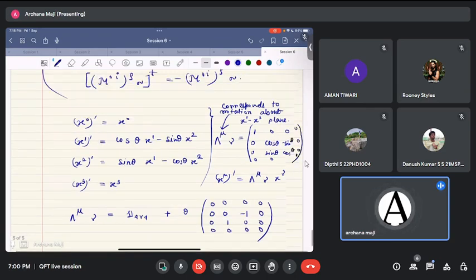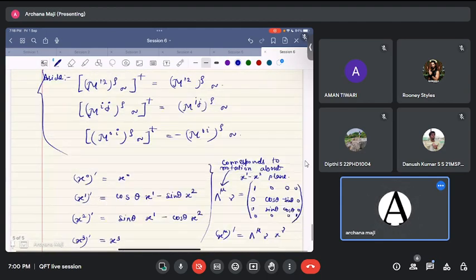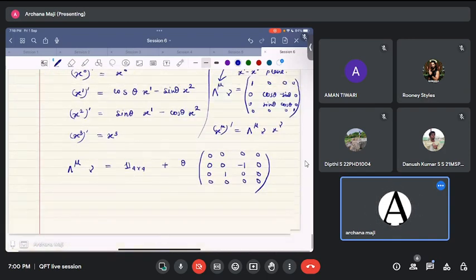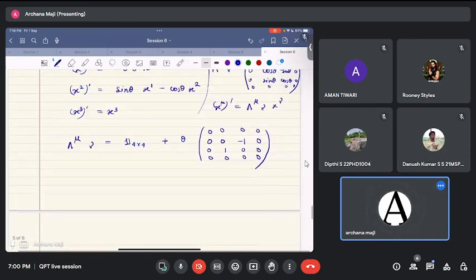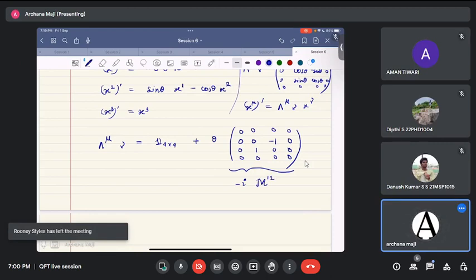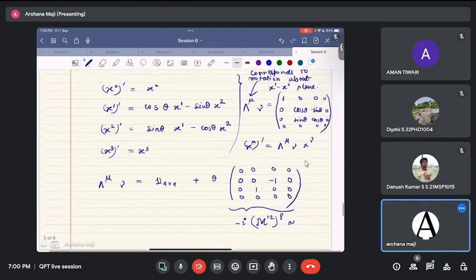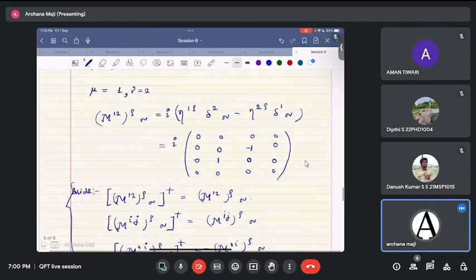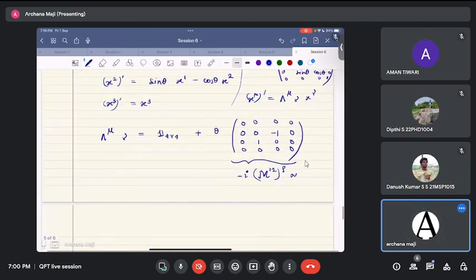Okay, and that is nothing but what we have obtained here, this M12 rho sigma. So this is equal to minus I times M12 rho sigma. I think the sign mismatch is happening now because of what we see. I get a minus I here.